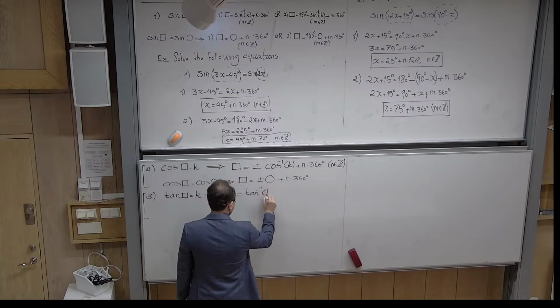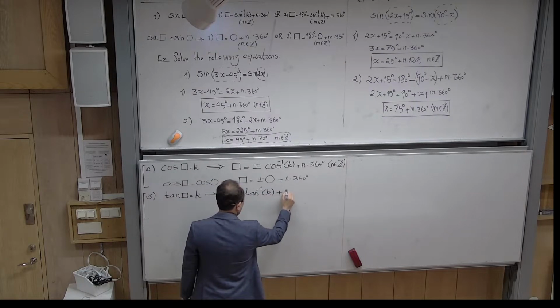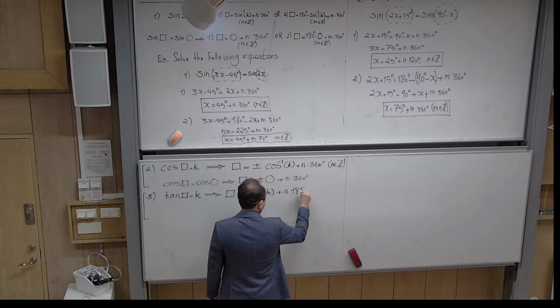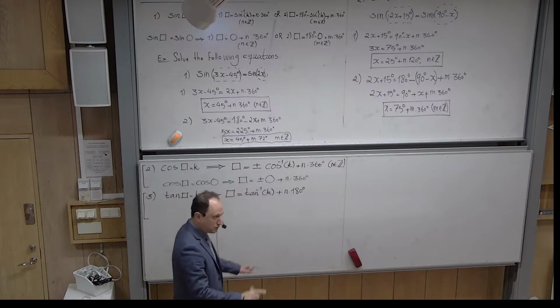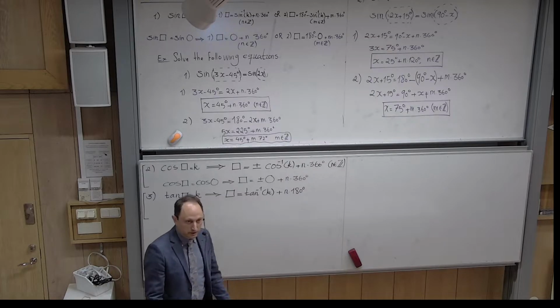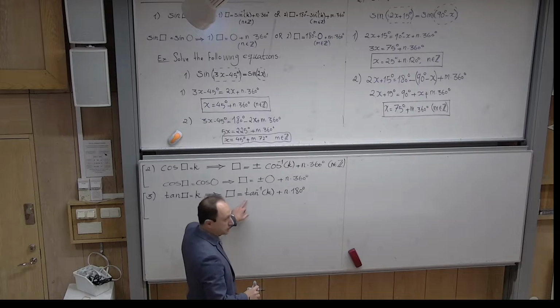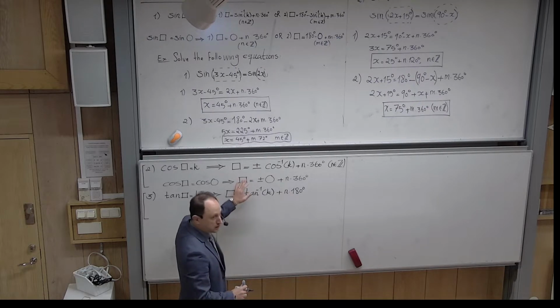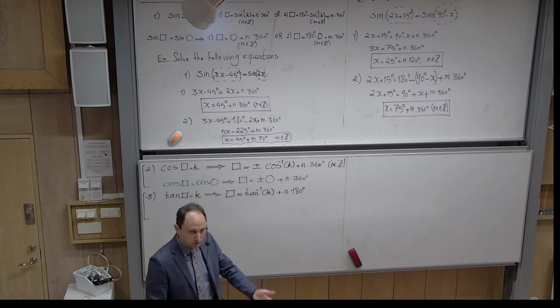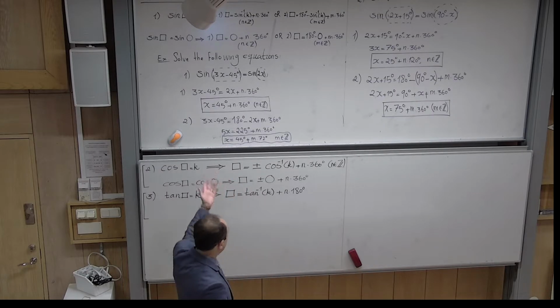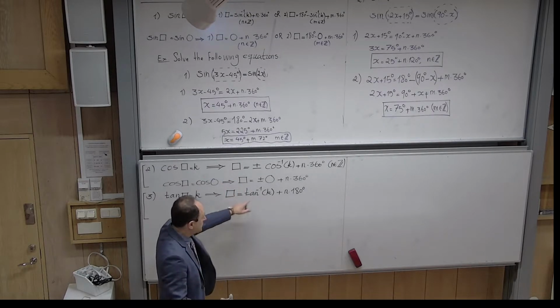Yes, and then, yes, so that was the crucial point. If you insist on keeping 360 here, then you had to write 2 formulas. But we learned that for the case of tangent, we can always combine them into one single formula. For the case of sine and cosine, sometimes it is possible, sometimes it is not, so I have to write it in 2 forms. But in this case, it's always possible and it's better.